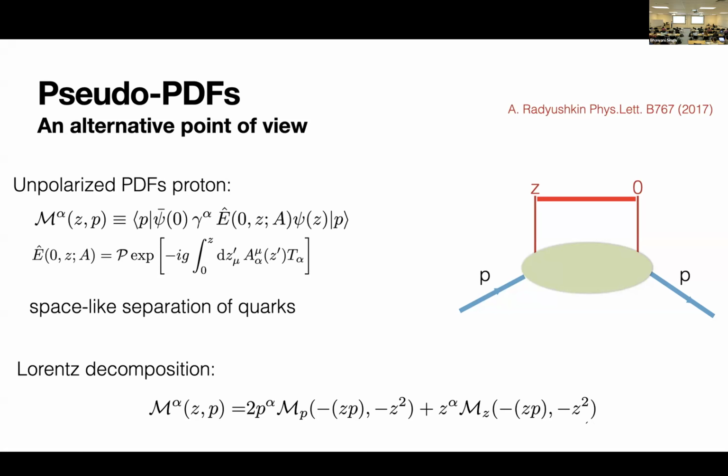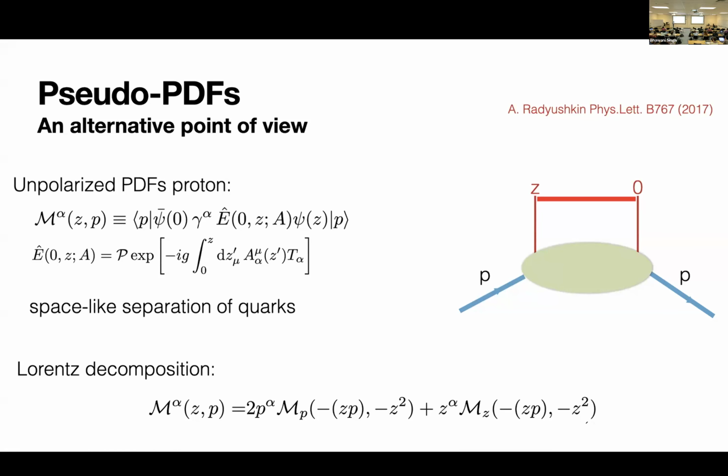For example, this object here has a Lorentz index alpha. So in order to write down its Lorentz decomposition, you have to figure out what kind of vectors I have in my problem, what kind of invariants I can make. In this particular case, the momentum p of the hadron is one vector, and z, the separation of the quark fields, is the other vector.